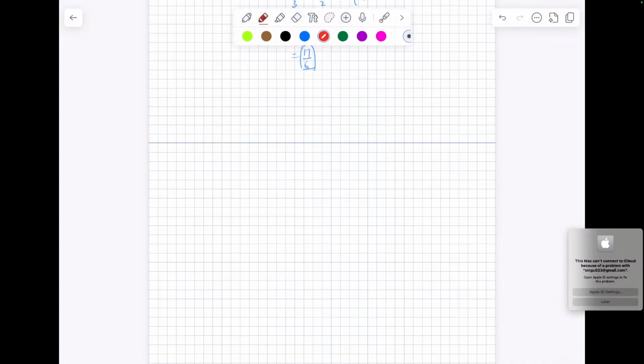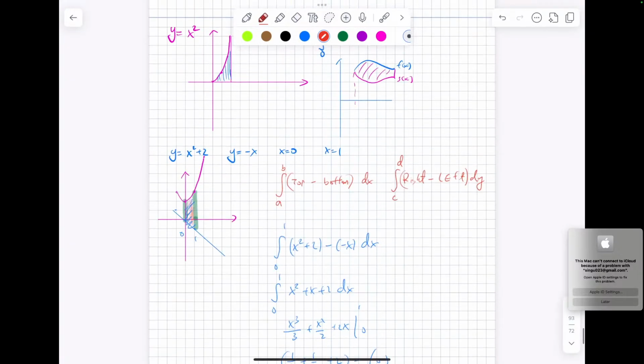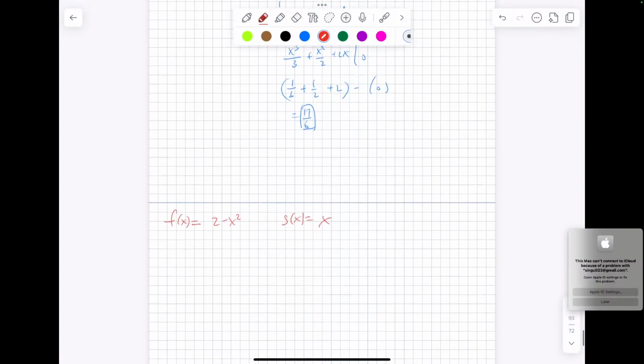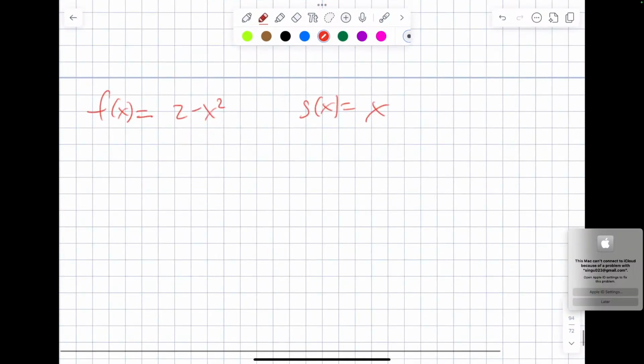Okay, so this time it's going to be a little bit different. This one says, hey, can you find the area between the curve? But in this particular case, you don't know the bounds. Unlike the previous question, where the bounds were between 0 and 1, which was easy to define because we gave you two separate equations, x equal to 0 and x equal to 1. In this case, we know that there are two functions. One function is a parabola. One function is a straight line.